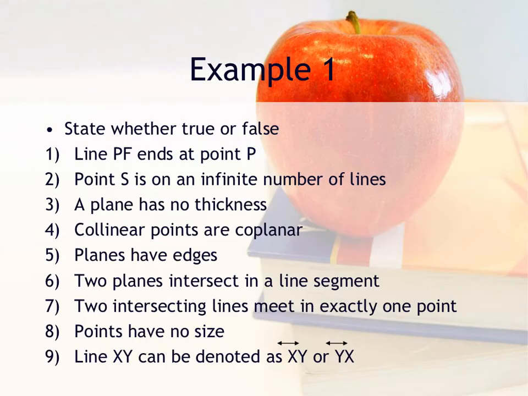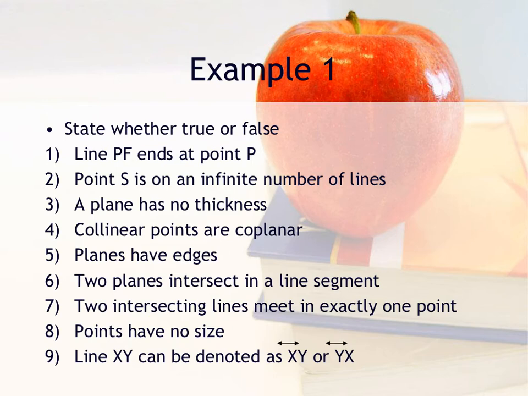Now, if you're ever asked a question and a picture is not provided, sometimes it helps to draw yourself a picture and give yourself a little visual. Again, I'm not going to ask you to draw any precise figures, but just understand what it should look like.